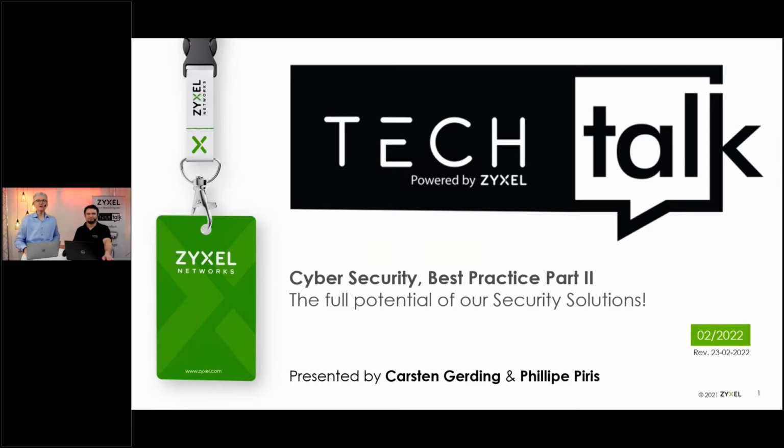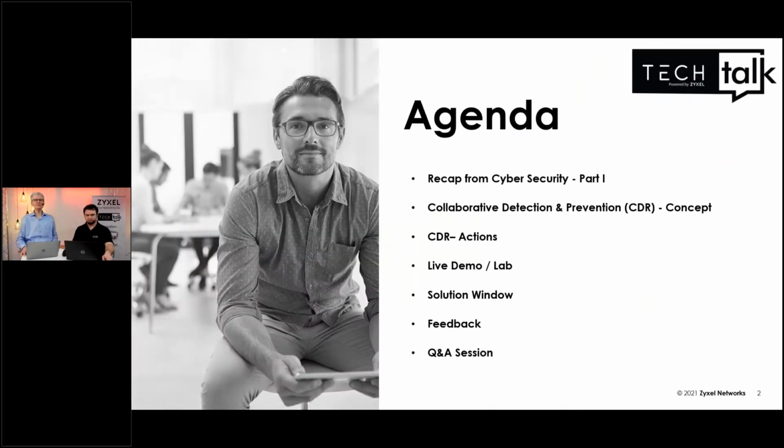I'm very happy that you are here, and we are proud to present our second part of the cybersecurity. For your information, we will do a recap of part 1 in a moment. Let's glance at the agenda. We will review part 1, and today the main topic is the collaborative detection and prevention concept.